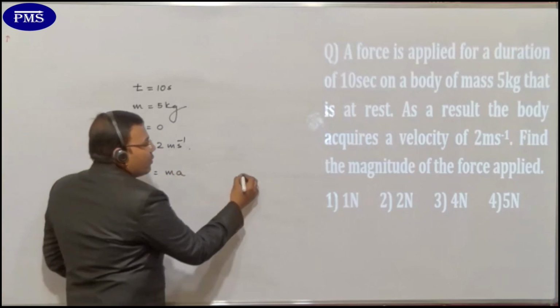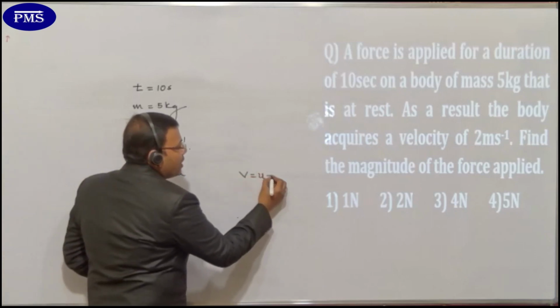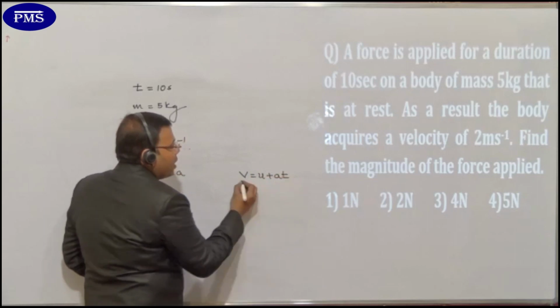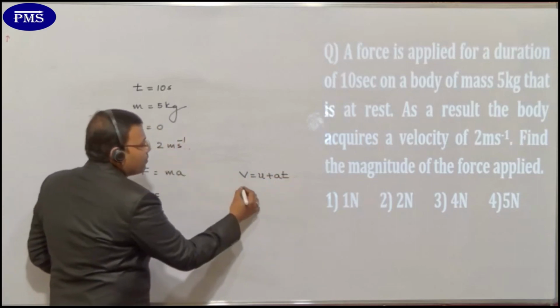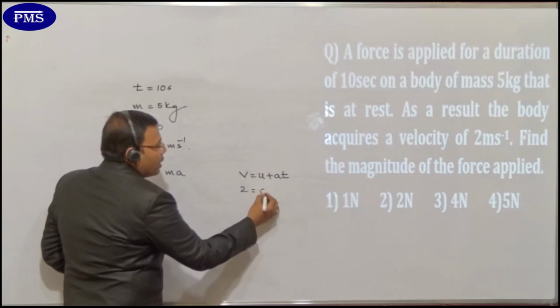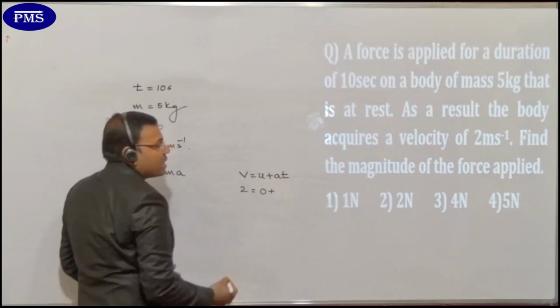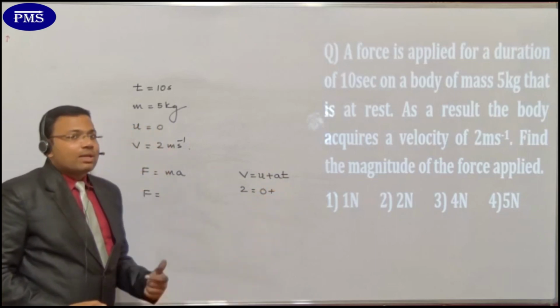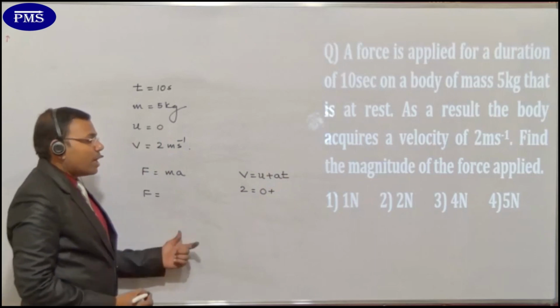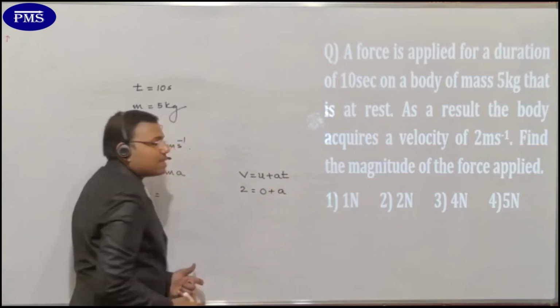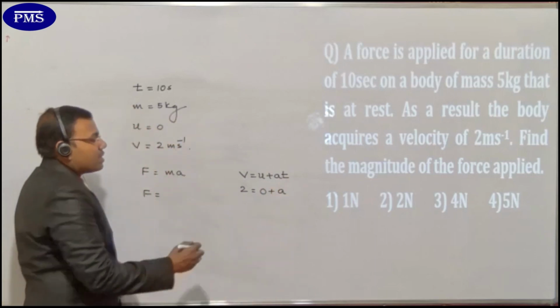Now, what is this a? Let us calculate. We know the equation of motion, v is equal to u plus at. What is v? v is 2. What is u? Initial velocity is 0. And what is a? We have to calculate. And t is 10 seconds.